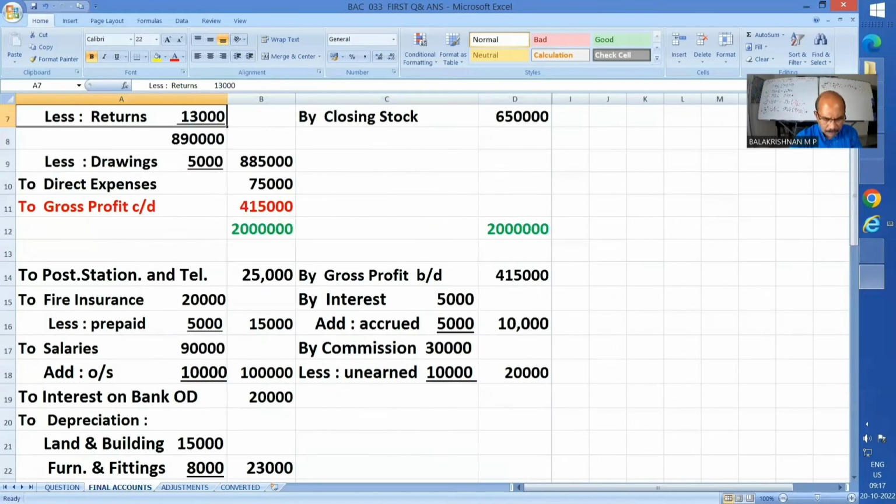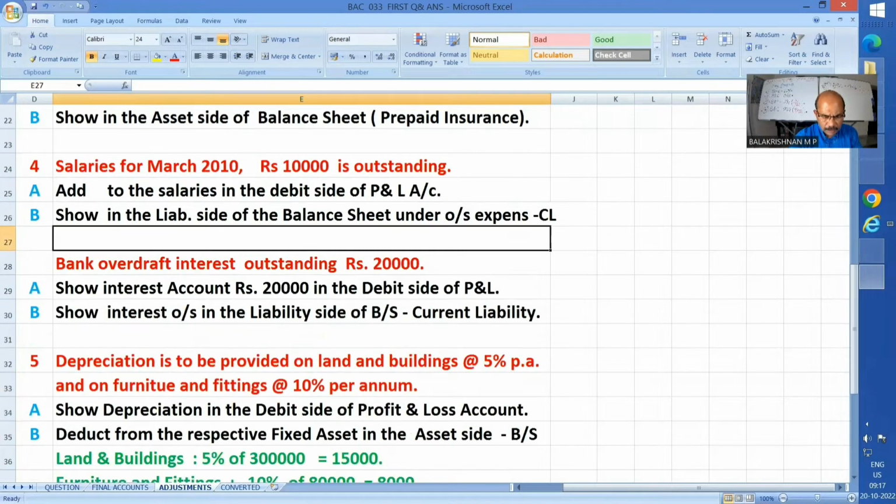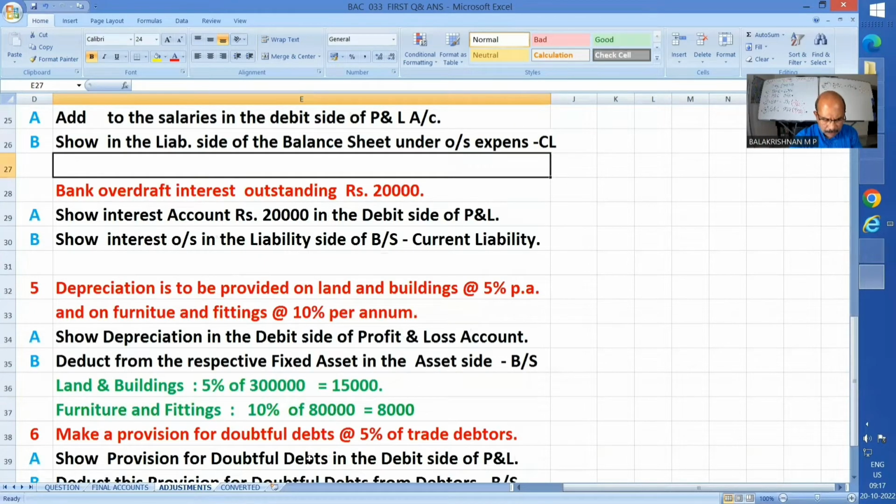Fine. Then depreciation, we already calculated there. We have calculated the depreciation 15,000 and 8,000. You can parallelly work it out. Only in case of doubt, only you should resort to my video. Then only you'll get the sufficient confidence and you will make things very clear and very thorough at your end, right?